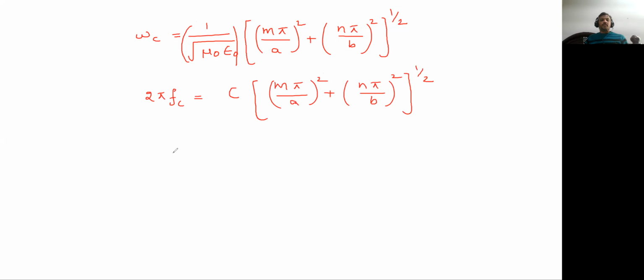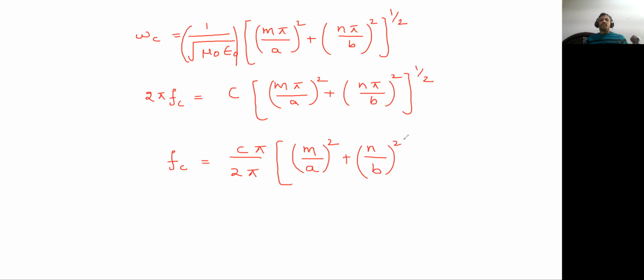So what you can now do is fc will be equal to c by 2 pi. In this, pi square you can take common, but as it is in root, what you will be getting is pi into m by a. As pi is already taken out, what is left is only (m by a) whole square plus (n by b) whole square.